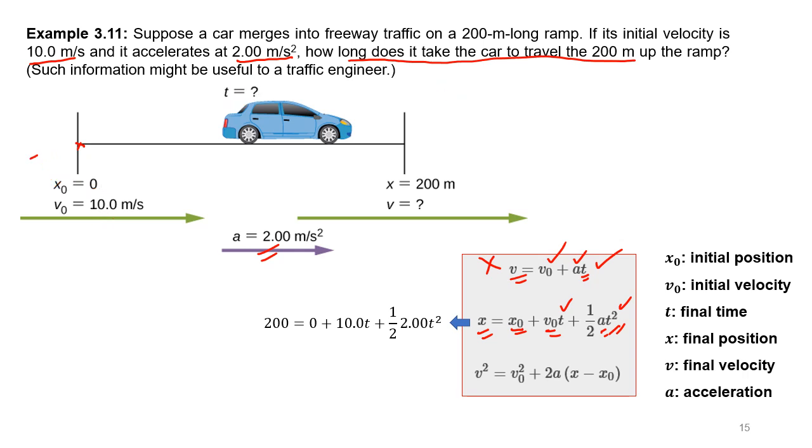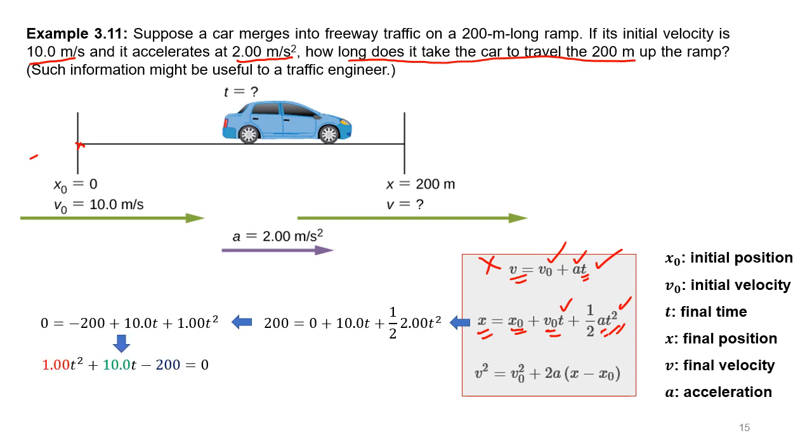So you substitute the values: 200, x0 is 0, initial velocity is 10 meter per second, time we don't know, half, acceleration is 2 meter per second square, and t square. Then if you take all these values to the right side, you get minus 200 plus 10t plus 1t square. This can be arranged again in this form.